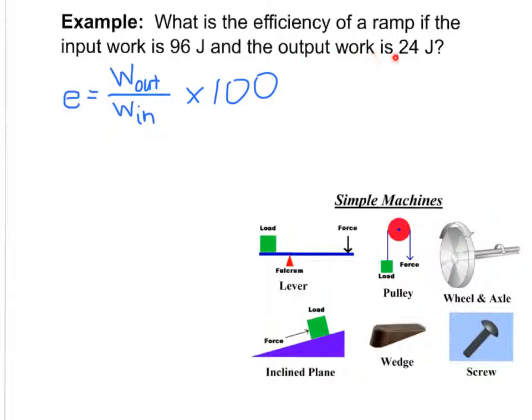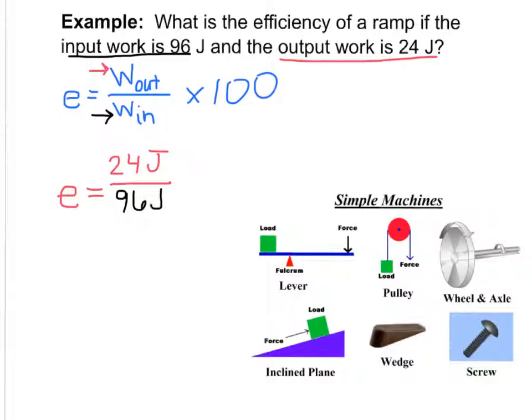The output work is 24 joules, and we want the output work on the top. So put 24 joules on the top. And we also see that the input work is 96 joules. The work in we want down on the bottom, so we put 96 joules on the bottom.